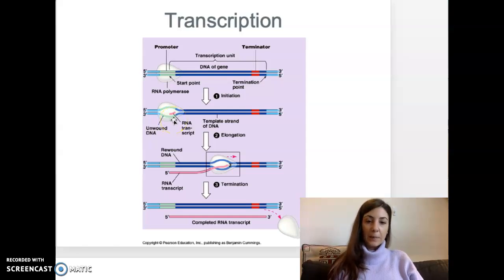At the same time, it will start to read the DNA and make the transcript. Here, the tiny little pink is the mRNA transcript that it will make based on the complementary bases found in the DNA. Please remember it's going to build in a 5' to 3' direction.